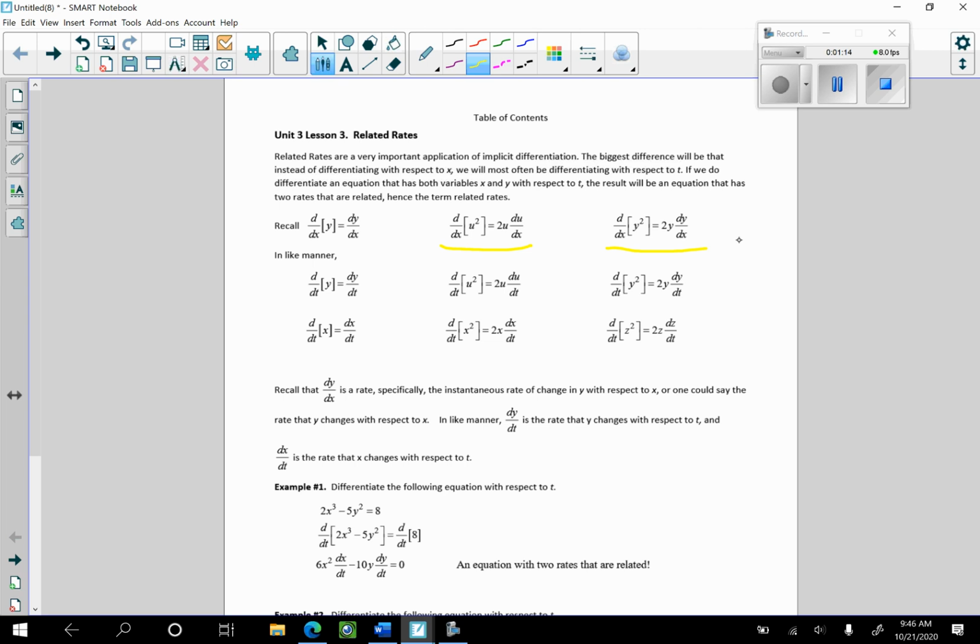In like manner, the derivative of y with respect to t is simply dy/dt, instead of with respect to x, with respect to t. The derivative of u squared with respect to t is going to be 2u du/dt. The only difference here is the variable I am differentiating with respect to. The derivative of y squared with respect to t is 2y dy/dt.